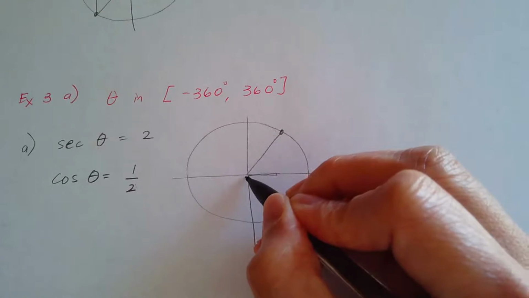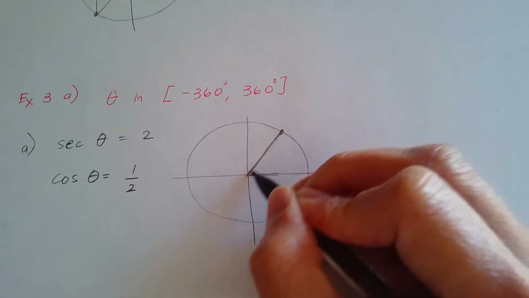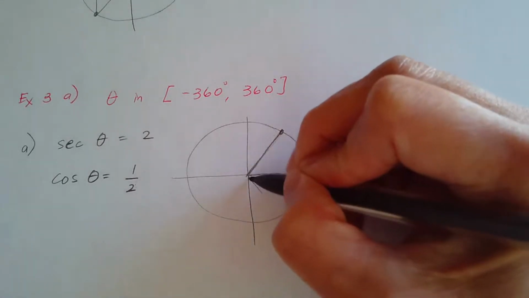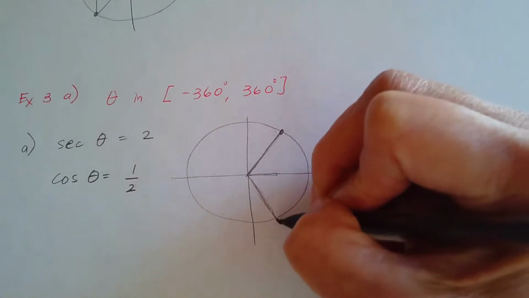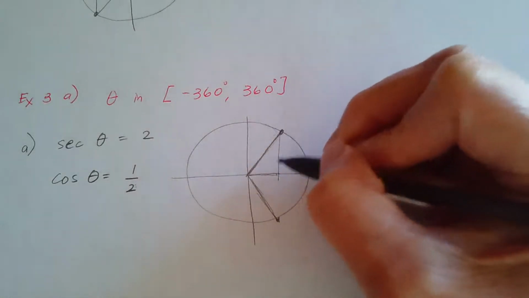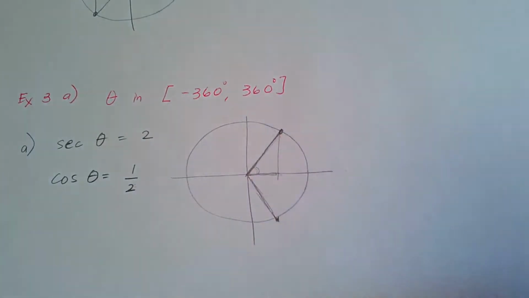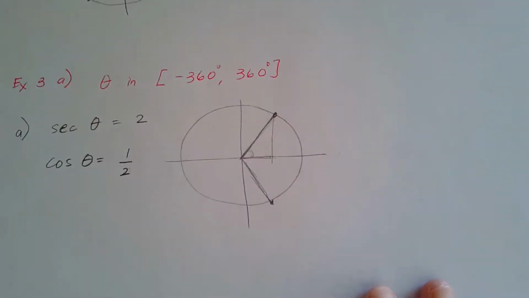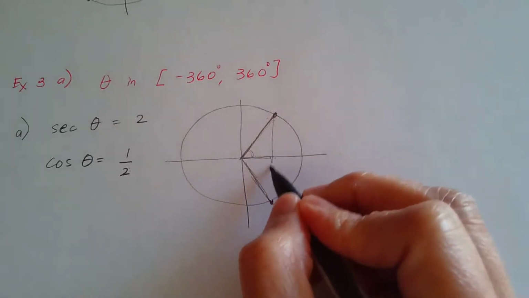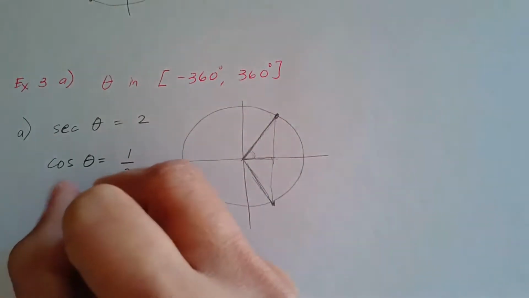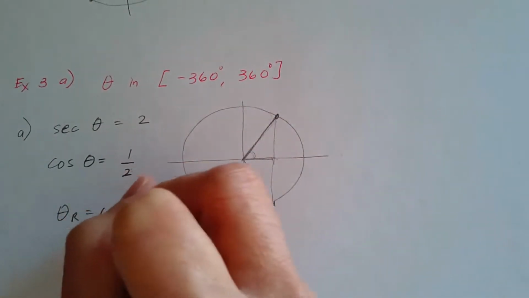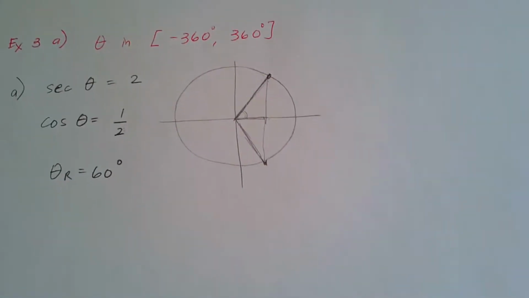Cos is positive in quadrant 1 and also in quadrant 4. So how big is this angle right there? That's going to be 60 degrees, the reference angle. We're going to need the reference angle to be 60 degrees.